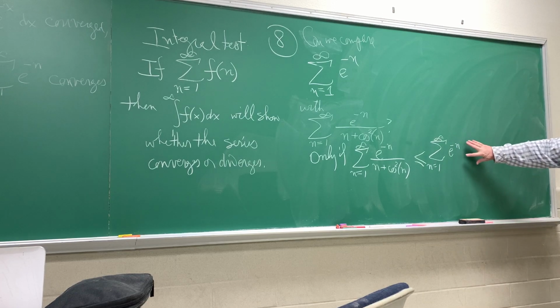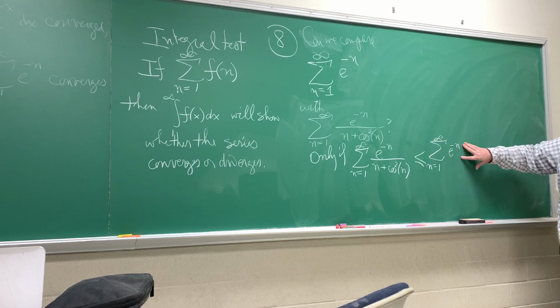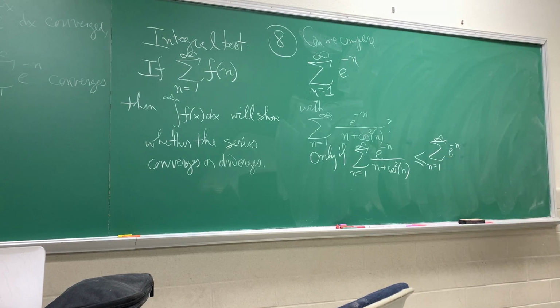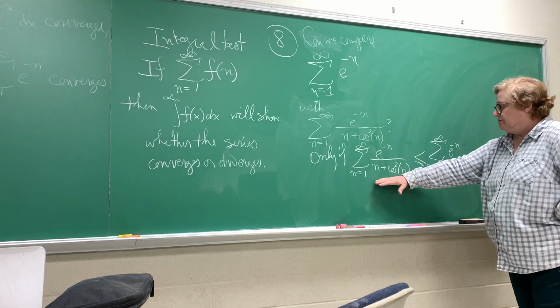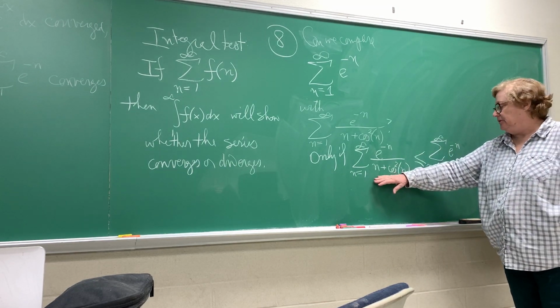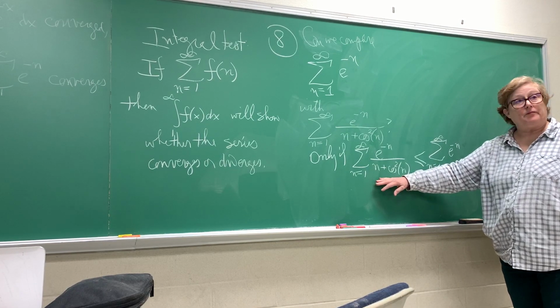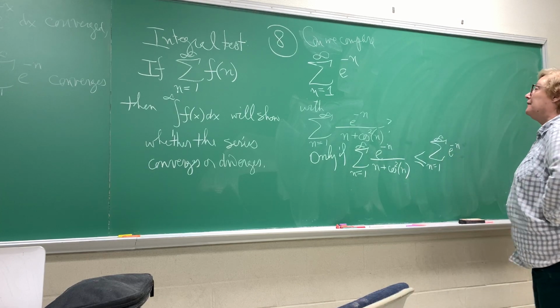So if you have something that converges and you find something that is smaller or equal, then we'll know that the second thing also converges. Well, let's see, what's going on in the denominator of this second series? The denominator's getting bigger.